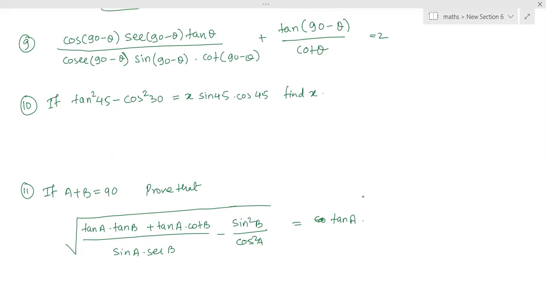Ma'am, I have a doubt. So tan square theta. Oh, 1 minute. Tan 45 is tan 45 square. Oh, okay, ma'am. Ma'am, x is 1 by 2. Yes, right.